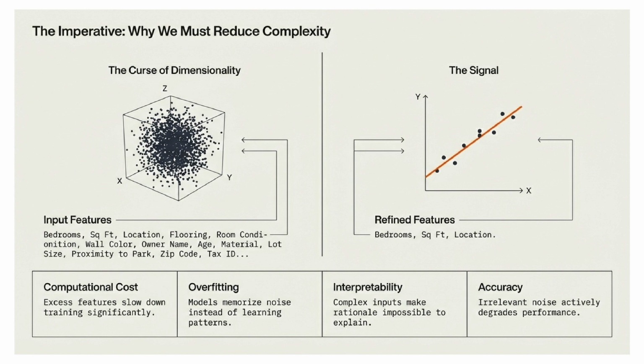Third, interpretability. Simpler models are easier to understand, explain and trust, especially in business and regulatory environments. And finally, accuracy. Removing noisy and irrelevant features often improves model performance rather than harming it.